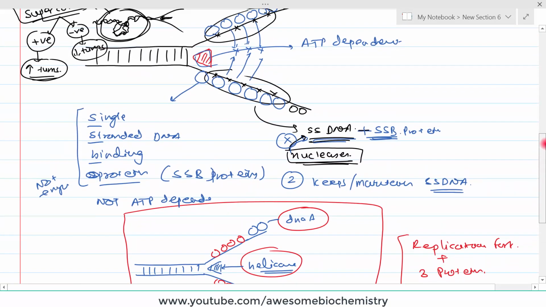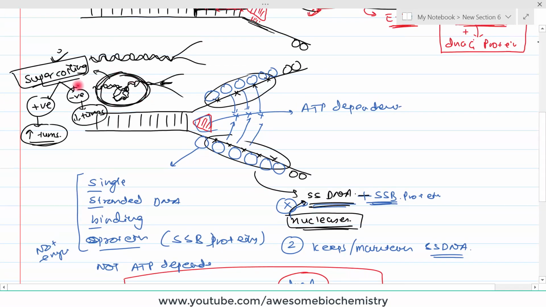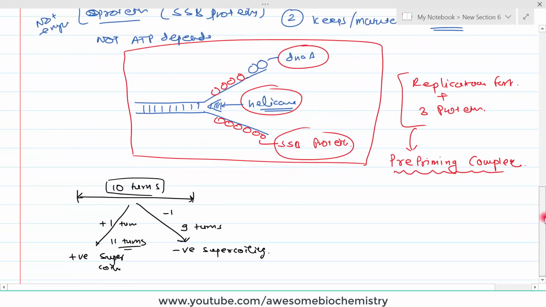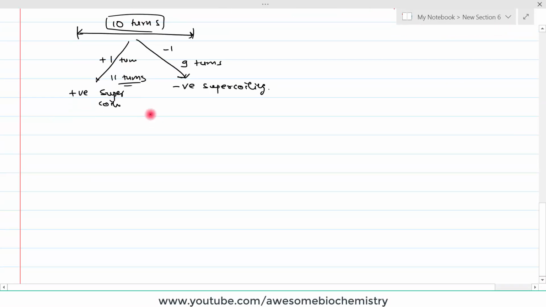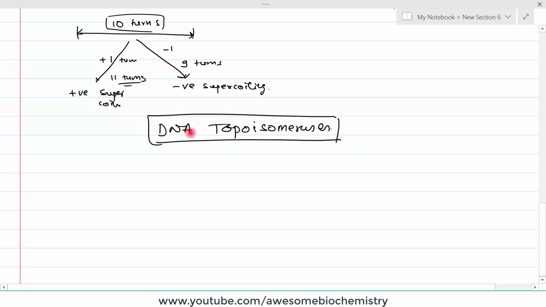Now, how does our biological system solve the problem of supercoiling? There is one family of enzymes known as DNA topoisomerases. This is a group of enzymes which help in preventing either positive supercoiling or negative supercoiling.